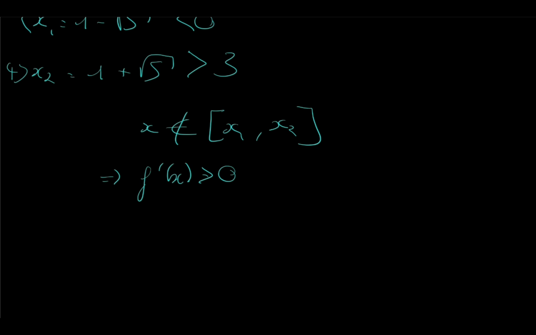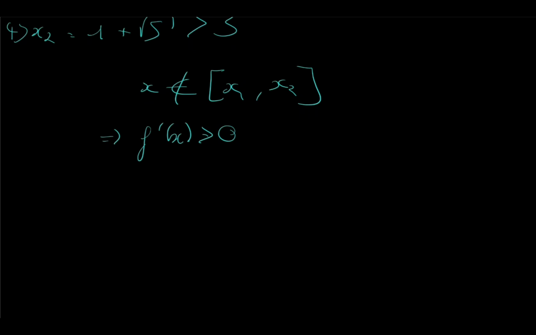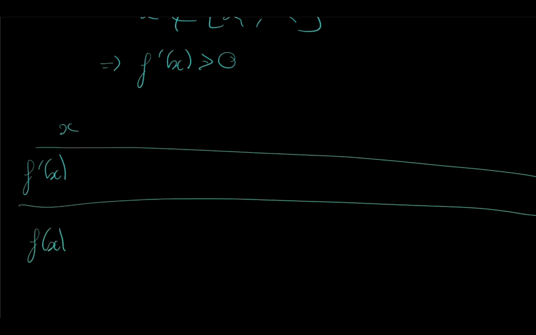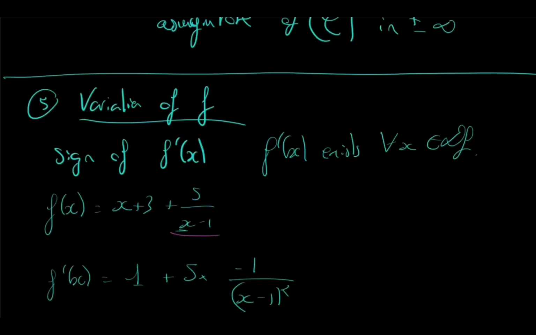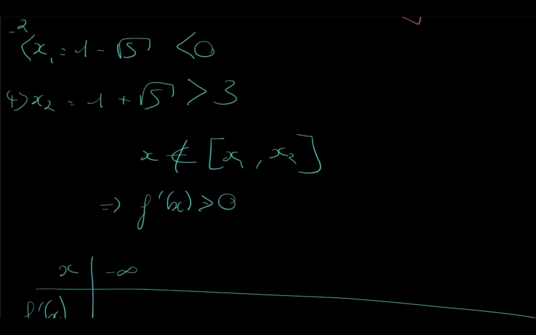Okay, now that we have that, we can set up a little table of variation: x, f prime of x, f of x. Perfect. What are the important values? Minus infinity. The other important value is 1 minus square root of 5.